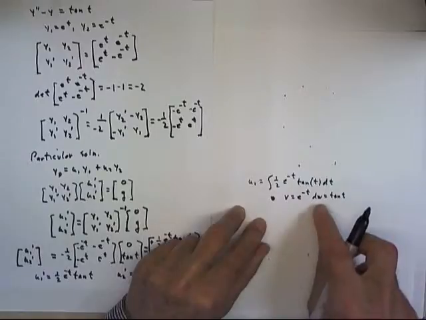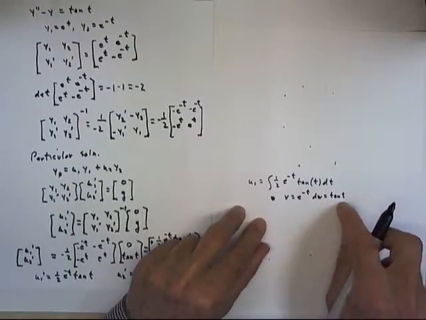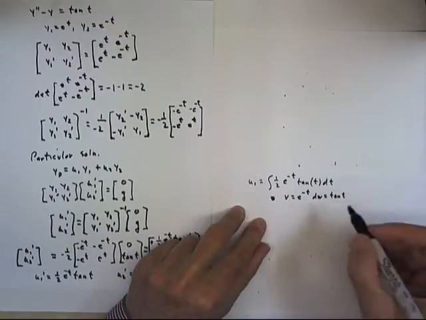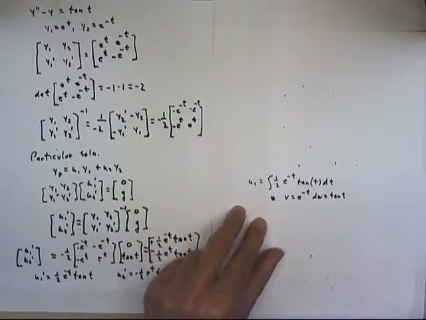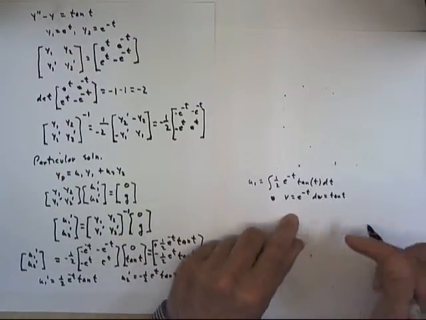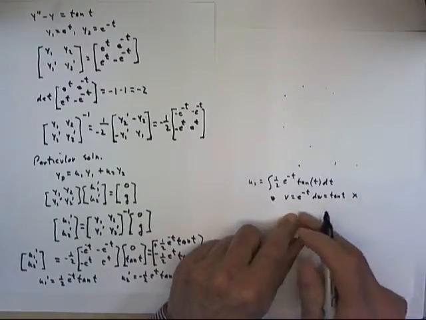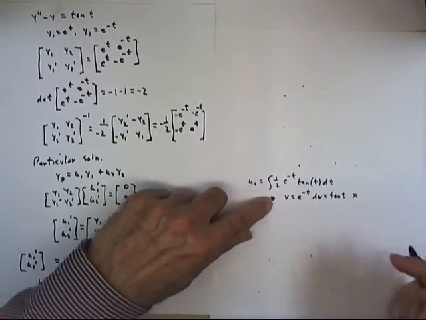v equals e to the negative t, dw equals tangent t. We could find w, we can integrate the tangent of t, it's the negative of the natural log of the absolute value of the cosine of t, but it isn't going to help us. You can try this breakdown and see where it leads, and it really leads nowhere.